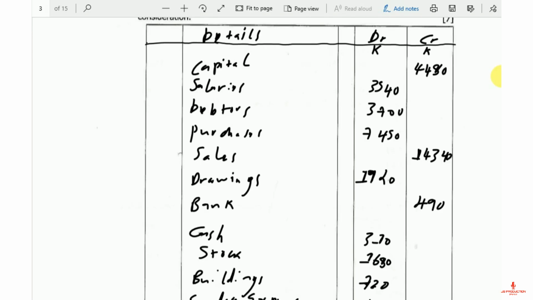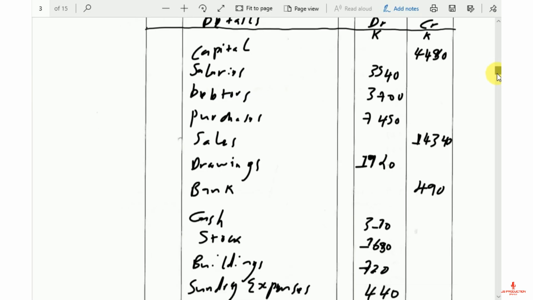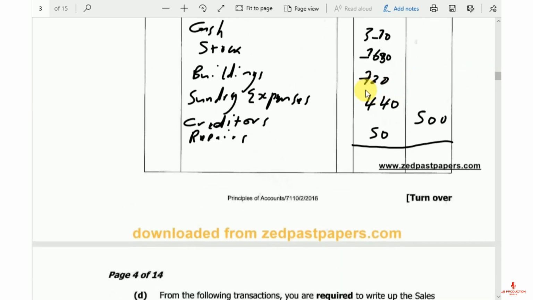And there, if you add your debit and your credit, the answer must be the same. So we're going to add 3,540 plus 3,700 plus 7,450 plus 1,920 plus 310, then plus 1,680 plus 720 plus 440 plus 50, and the answer there is 19,810.